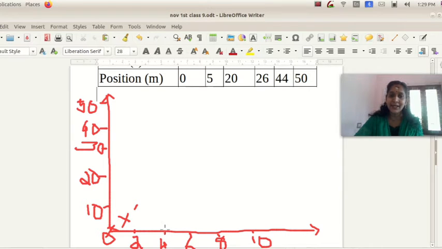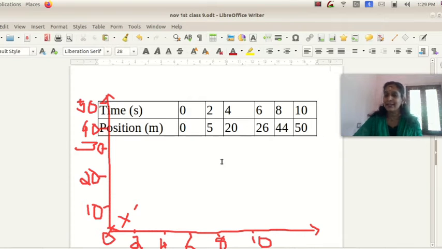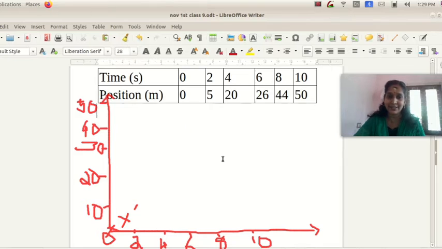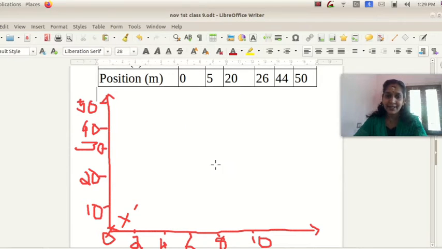At 2 seconds, it traveled 5 meter. At the 4th second, it traveled 20 meter. We mark here. It's not exactly correct. At the 6th second, it traveled 26 meter.